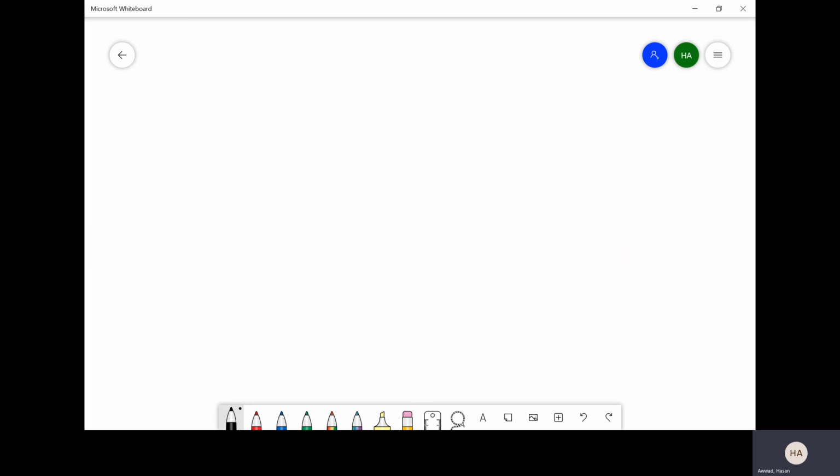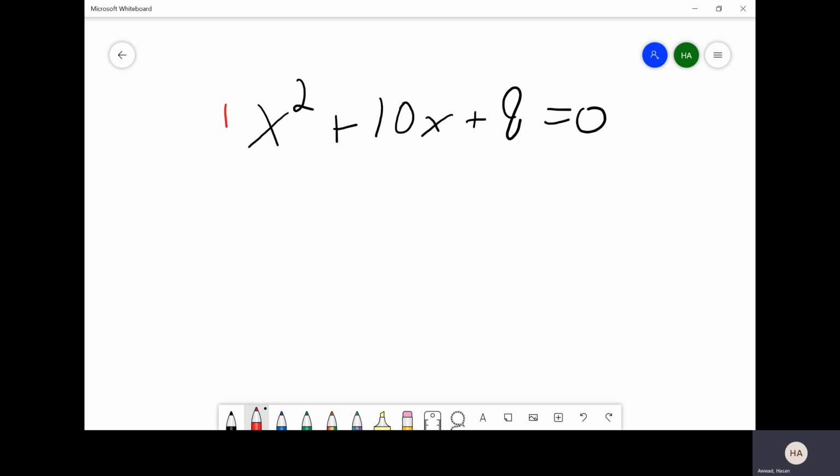So we already looked at x squared plus 10x plus 8 is equal to 0. This was our first example earlier today when we were talking about completing the square, right? So we're going to solve the same quadratic equation again, but this time we're going to do it using the quadratic formula. So what is my a? And this time I'm going to do it with different colors, right? A is going to be 1, right?